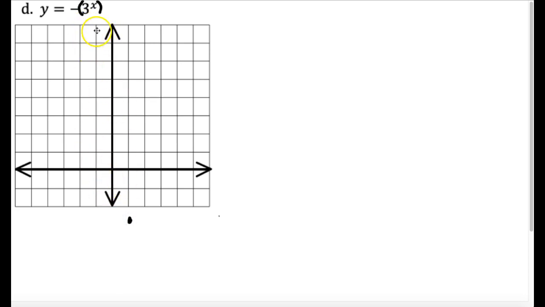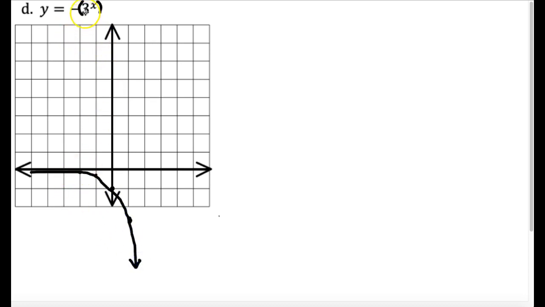If I plug in 0, well, 3 to the 0 is 1, times negative would be -1. If I plug in -1, 3 to the negative first power would be 1 over 3 to the first, then times -1, so that would be -1/3. So we end up seeing that our graph is going to do something like this.